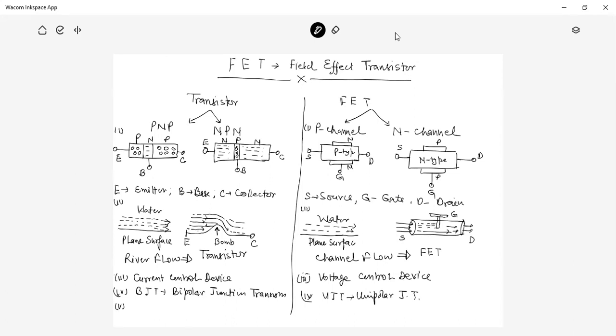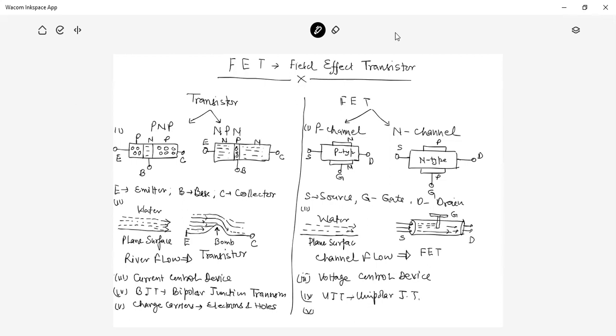The charge carriers are both electrons and holes.